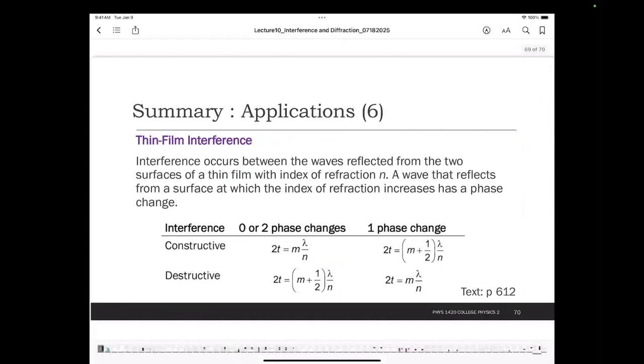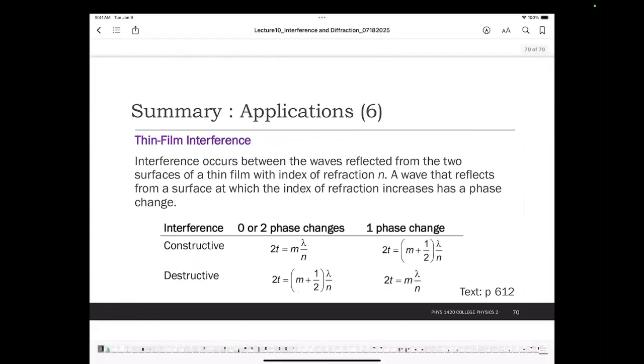Also, we talk about some thin film interference. The interference occurs between the waves reflected from the two surfaces of a thin film with index of refraction n, and a wave that reflects from a surface at which the index of refraction increases has a phase change. This is the equation for how thin film interference happens and when it is constructive.